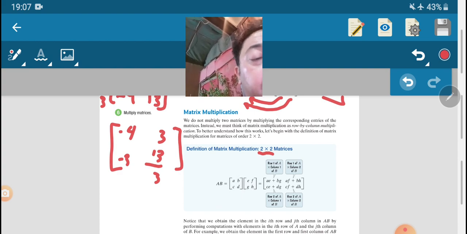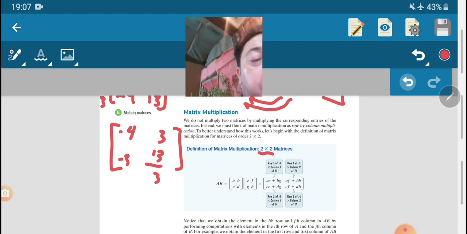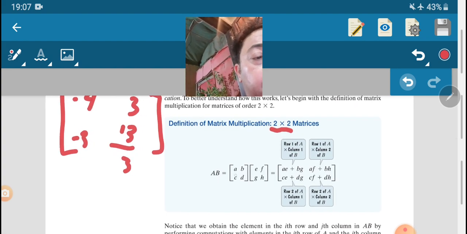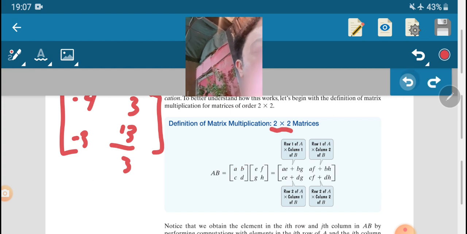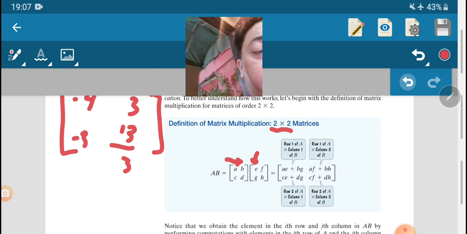If you want to multiply, we multiply the first row by the first column. The first row here is A B, and the first column here is E G. We multiply A B by E G: the first times the first plus the second times the second.